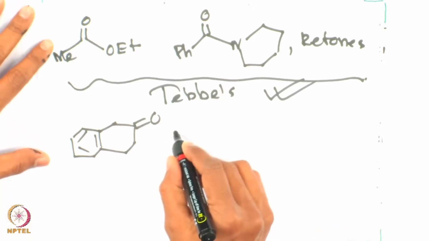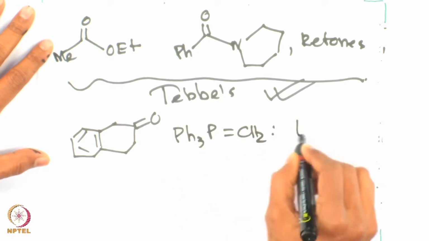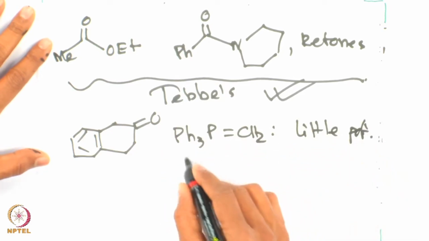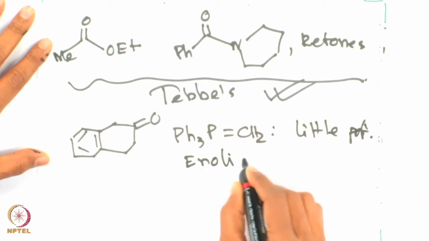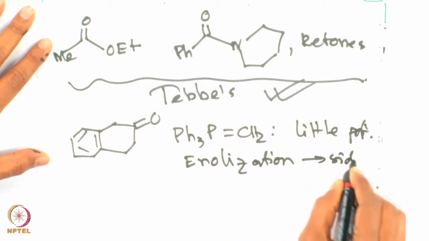So, if you take Ph3P=CH2, there is very little product. You get enolization as the side product or side reaction.